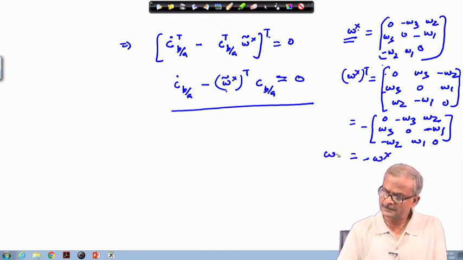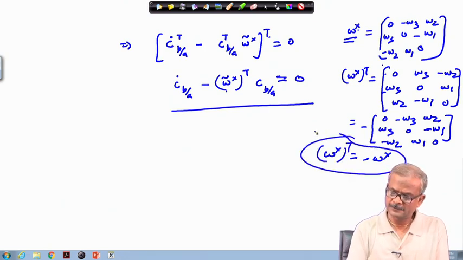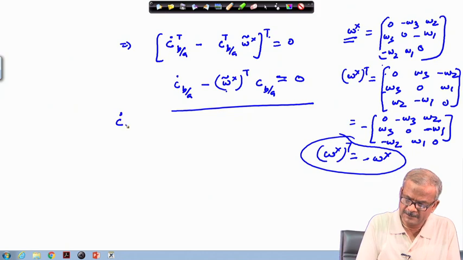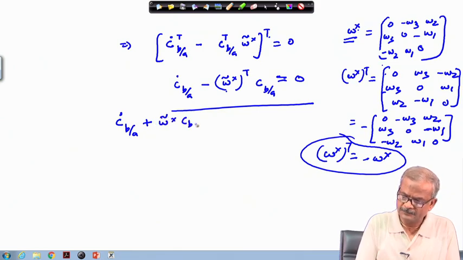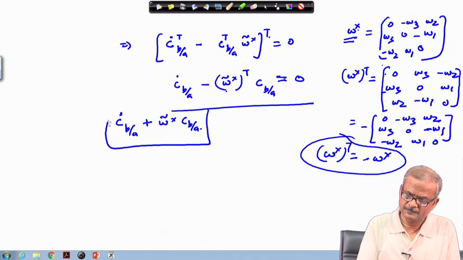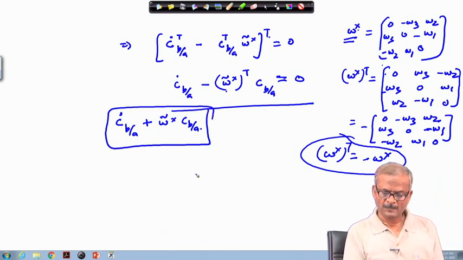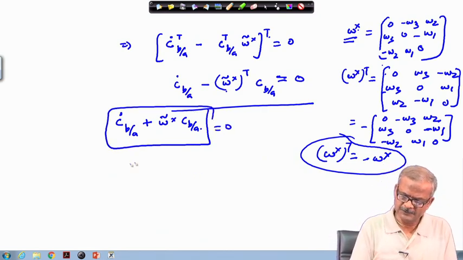So, omega cross transpose, this quantity is equal to this quantity. Okay. Therefore, we can replace this by C dot B slash A plus, this minus minus sign makes it plus, omega tilde cross C B slash A, and this equal to 0.